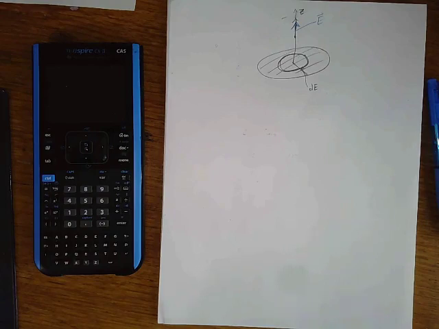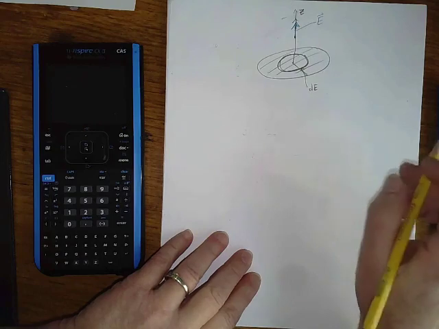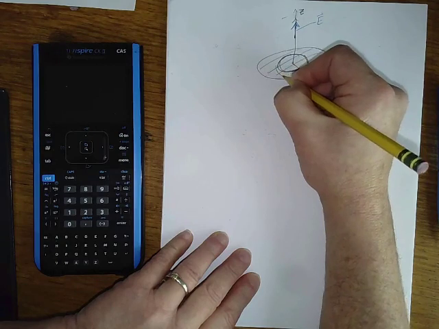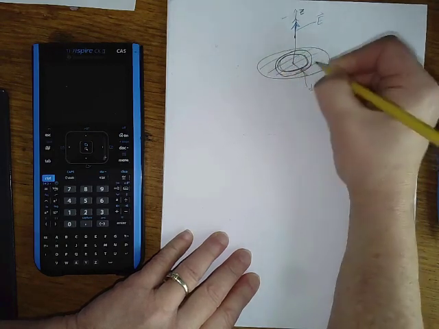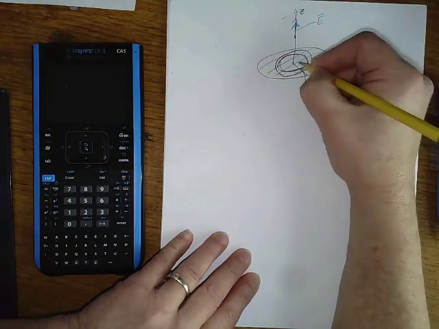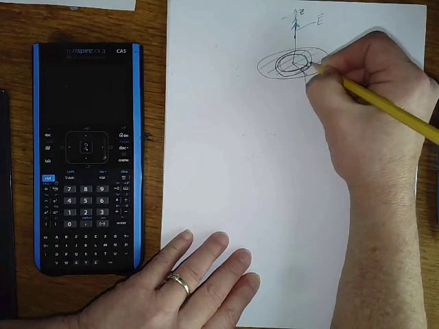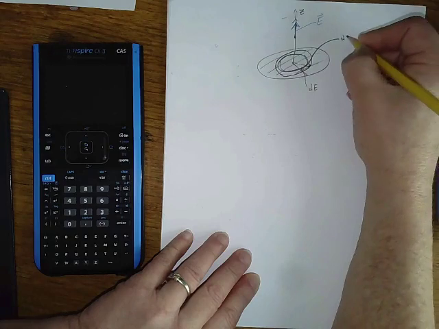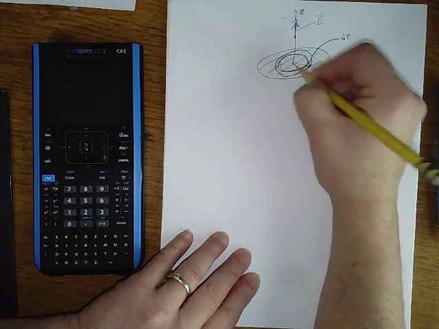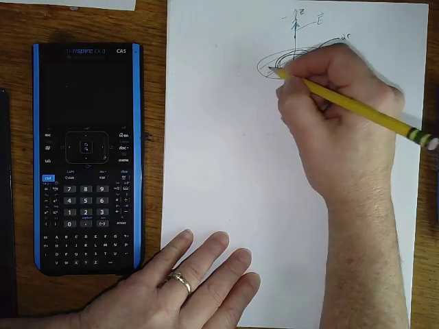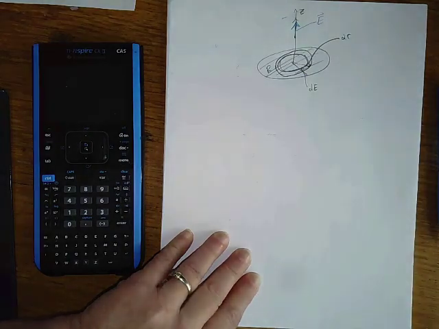Well, let's set it up a little bit anyway and see how we could do. We have an infinitesimally thin ring here, and this little width we'll call dr. Big R is just the constant going out to the full disk, and we're going to have lots of little r's possibly here.